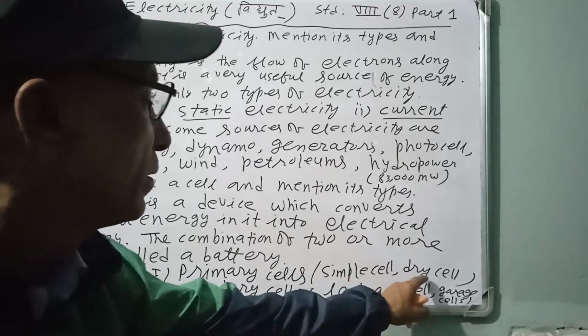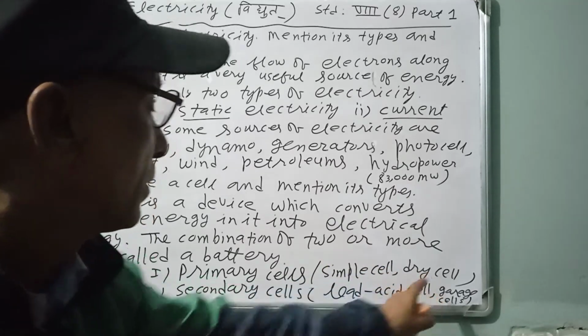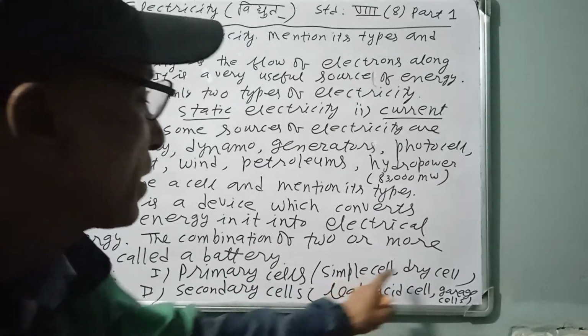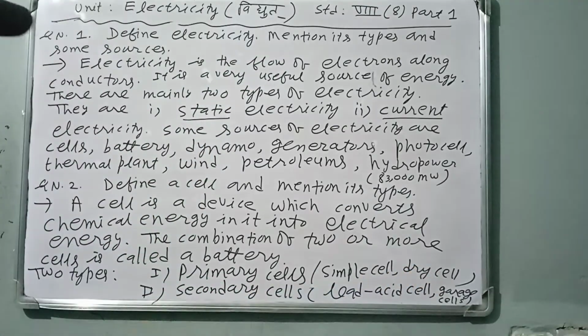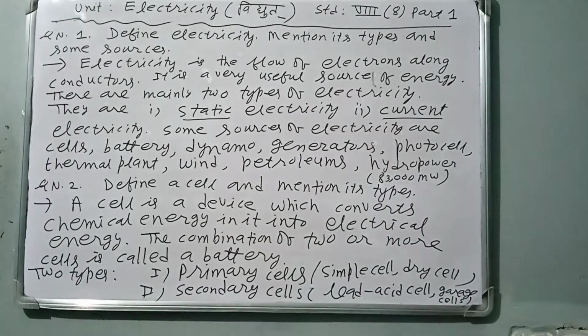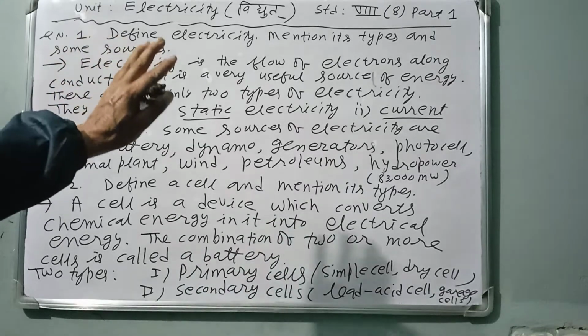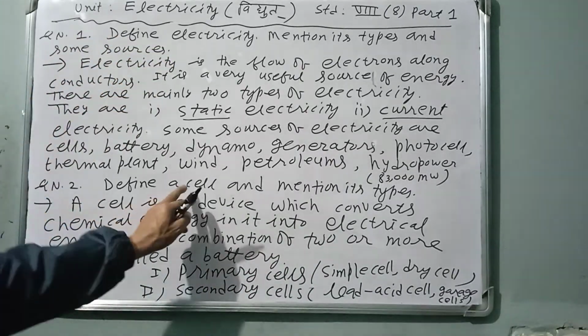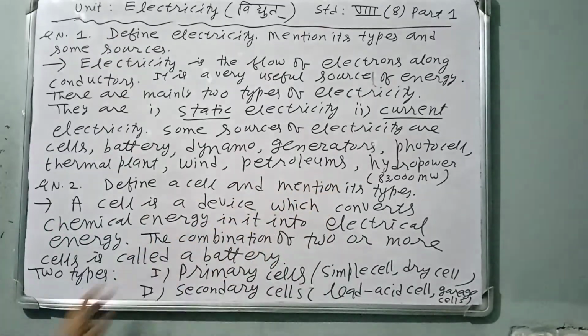It has 1 volt. Another is dry cell, more advanced than simple cell, with 1.5 volt. Another is secondary cell, which can be recharged. Question number 1, electricity types and sources. Question number 2, cell and types.